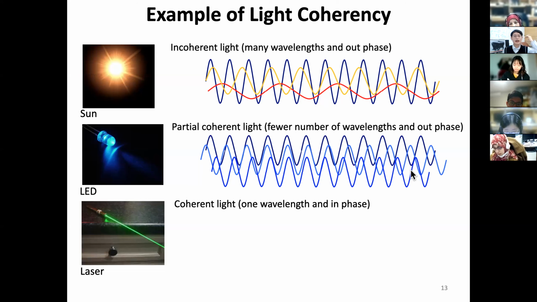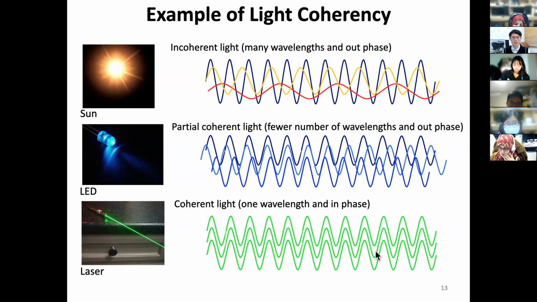Then what about laser? Laser is known to typically have a single wavelength. So you can see the perfect wavelength and phase relationship. So laser is really the representative coherent light, especially if it is monochromatic, meaning one color, one wavelength, and they are in phase.